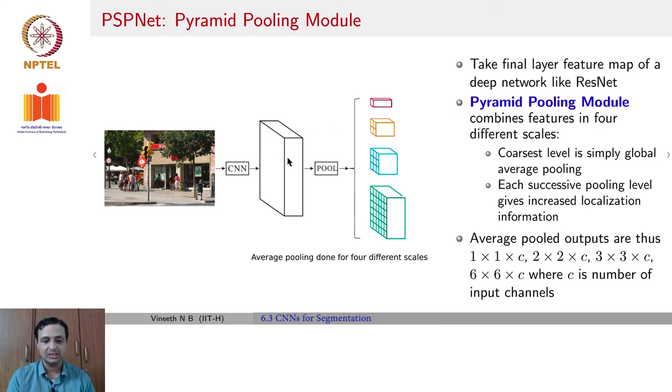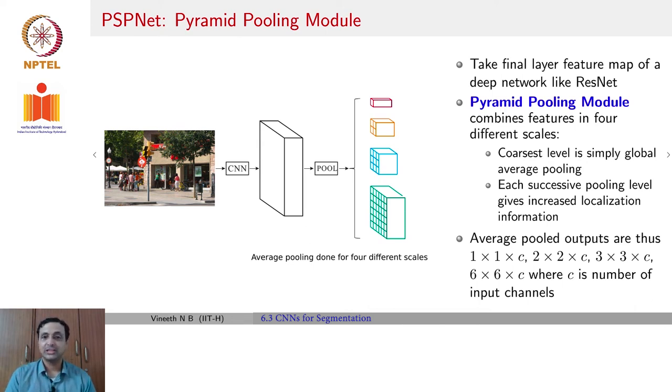So each of the C channels here in the convolutional output feature map, you would take that channel, global average pool it, and get one scalar. And for each of these C channels, you would get 1 cross 1 cross C. Similarly, 2 cross 2 cross C, 3 cross 3 cross C, and 6 cross 6 cross C. And those are the 4 scales that PSP-net employs. Remember that when you do pooling, typically the number of channels do not reduce. You operate channel wise.